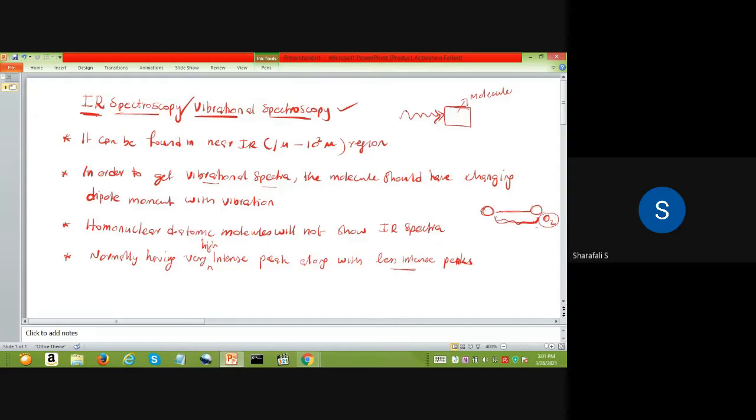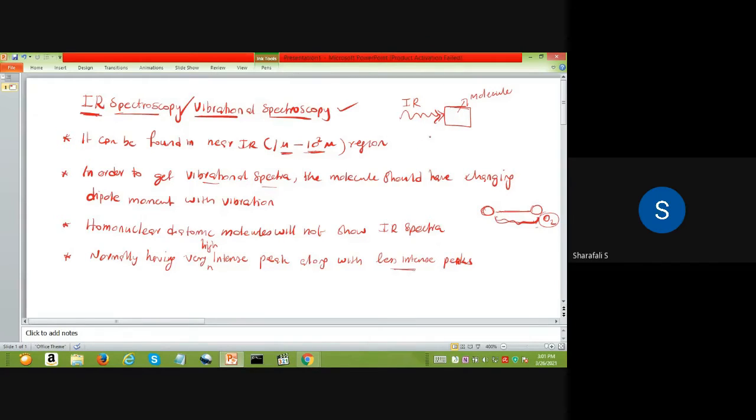For vibration of molecules, the incident wave should have a frequency equal to the infrared radiation frequency, in the near infrared region. So the radiation should have a frequency or wavelength in this range. Then only will we get the vibration of molecules. Okay? So the vibration of molecules can happen when you provide infrared radiation to that particular molecule.